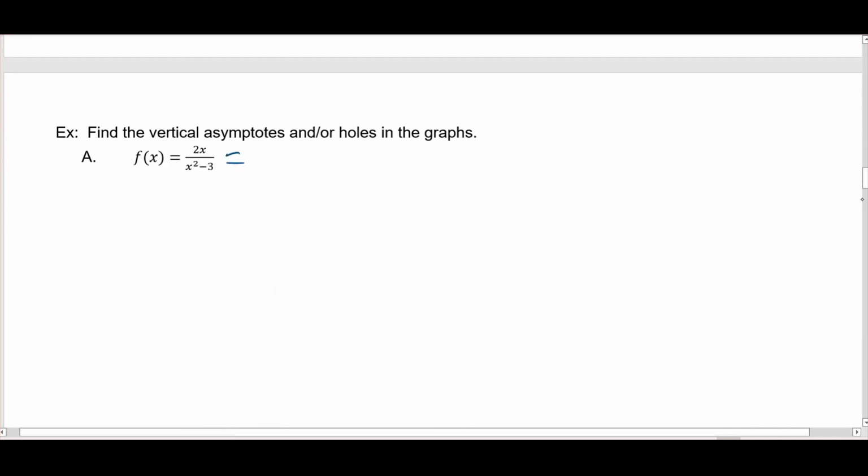So we can write this as 2x over, what is this going to be, x plus or minus square root of 3? Because this is that difference of squares formula, right? Or the factoring rule, right? Okay, so we can see, hey, I factored everything. There's no common factors, so that's fine. We can list our domain restrictions.